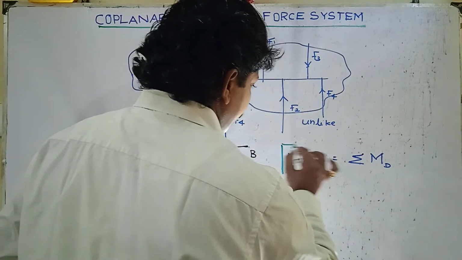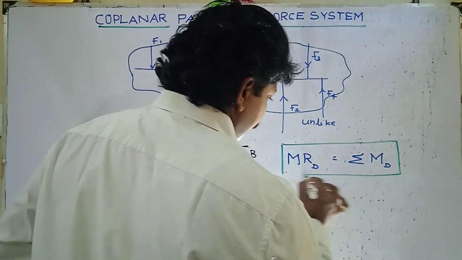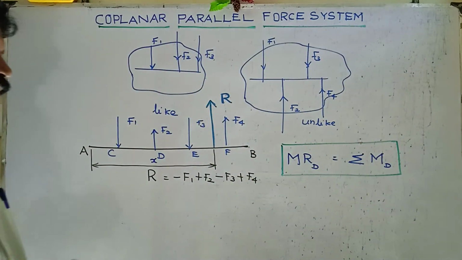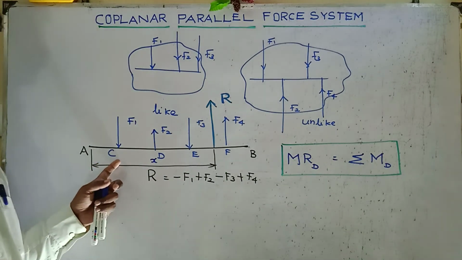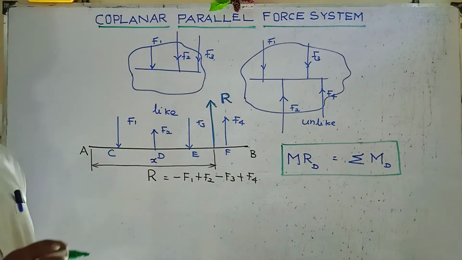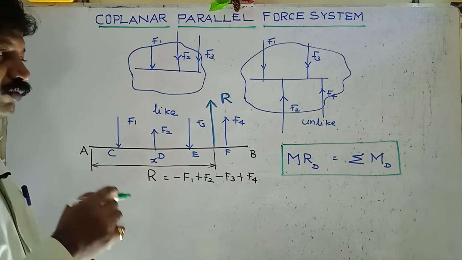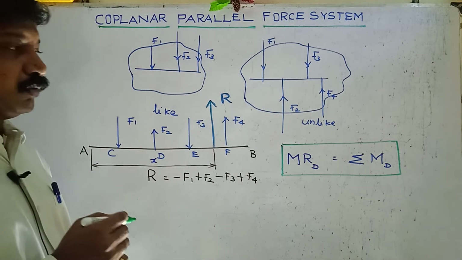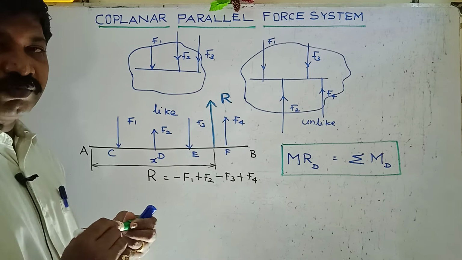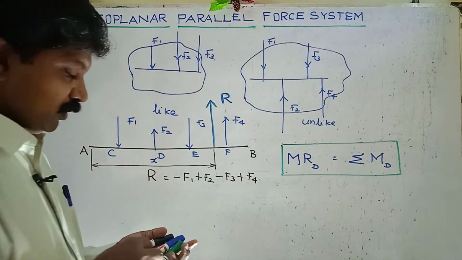Okay, moment of the resultant about any one point, maybe either C or E or F, any one point, equals the algebraic sum of the moments of all the forces about the same point.